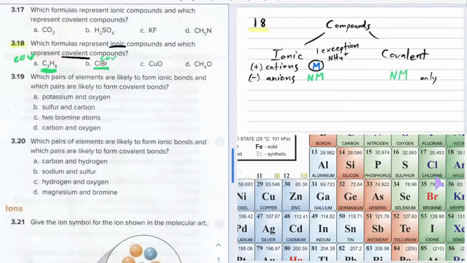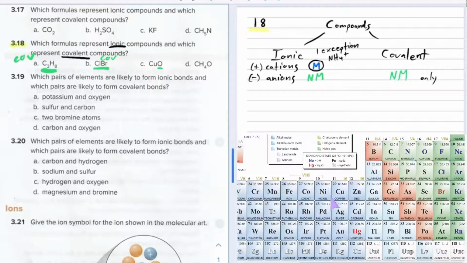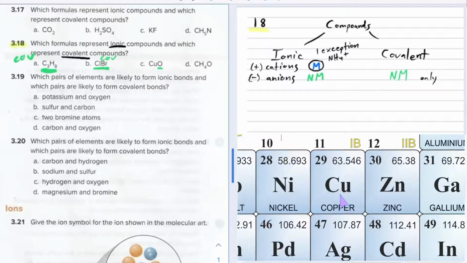What about this one right here? CuO. That's copper and oxygen. So oxygen is a nonmetal. You can see it right there. But copper, on the other hand, is a metal. Copper, you are familiar with copper. So there it is, a metal.